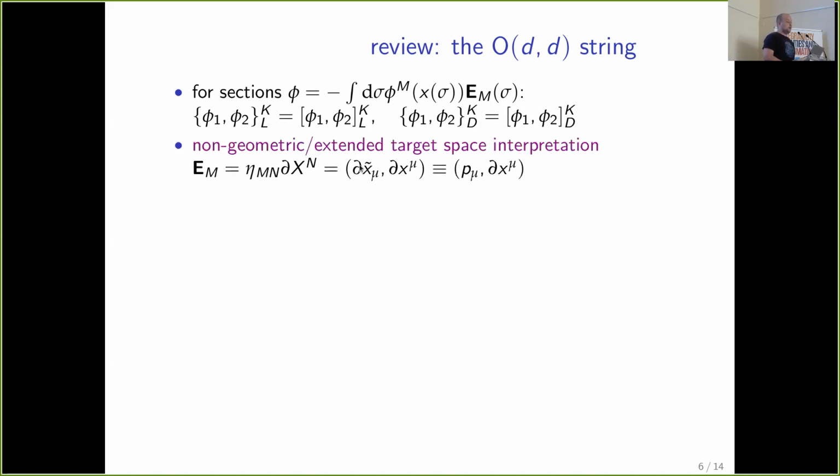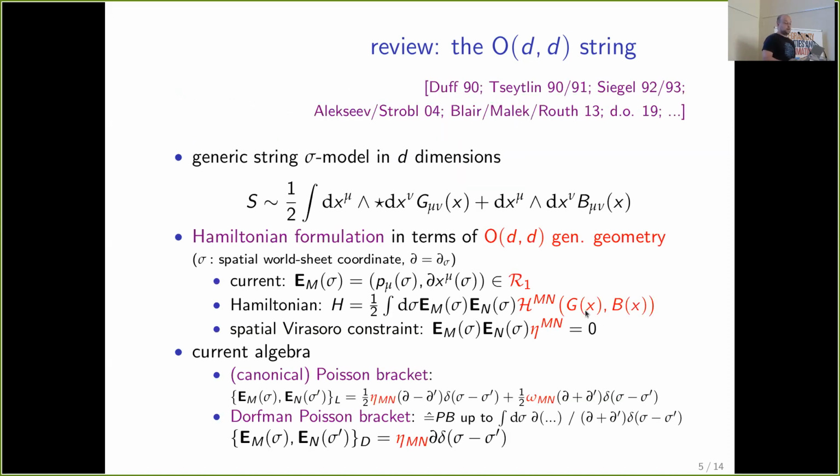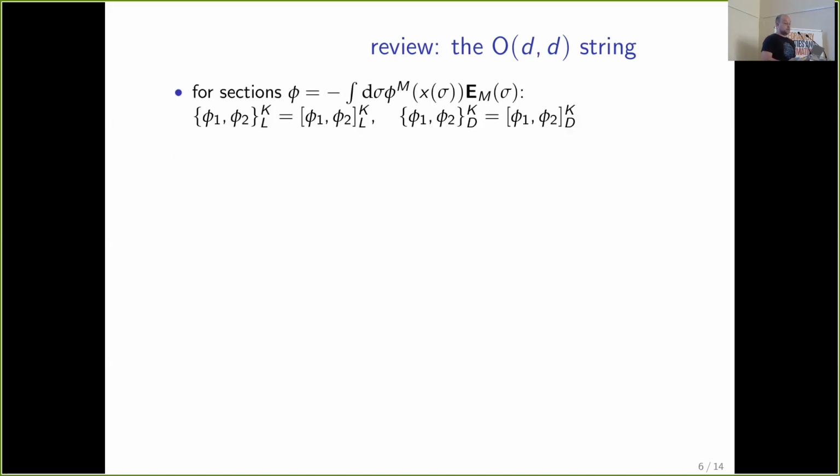Then we can also do an interpretation in terms of extended field theory. This turned out practical if we assume that the Hamiltonian doesn't depend on the coordinates, so we can just rotate freely around on the coordinates.